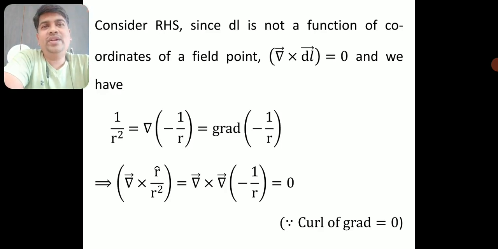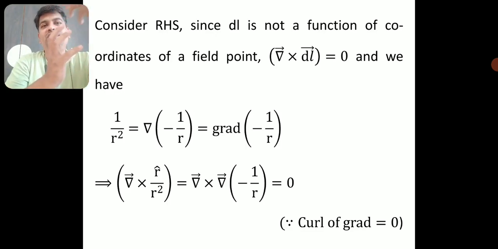You cannot do curl and gradient together meaningfully. Gradient tells you how much it is diverging, but curl says how the vector is rotating. If I do the curl and gradient together, it will be 0 for any vector.